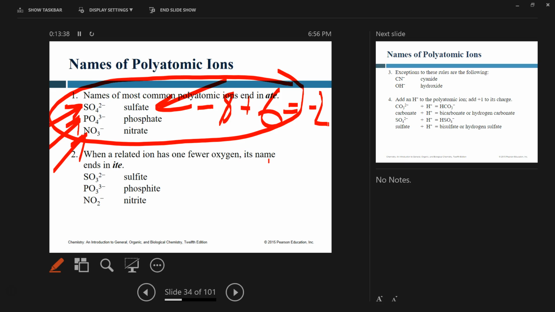How many electrons does it have on the outer shell? 6. It's in the 6th group. So that's the maximum number of electrons that sulfur can lose. Does that make sense?